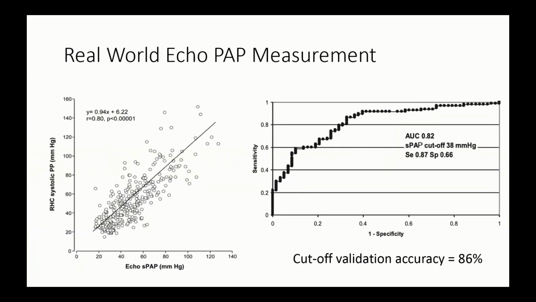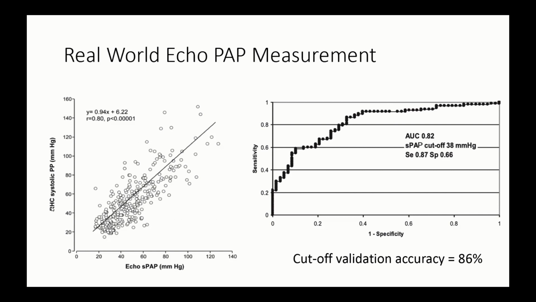Now, maybe I've damaged all of your confidence in using echocardiography in measuring the pulmonary artery pressure. I want to say that real-world applicability of using echo for pulmonary artery pressure measurement still holds for the majority of people, majority of the population. So this was a study from France looking at records of 310 patients who had hemodynamic invasive measurement and also an echo done during the same hospitalization.